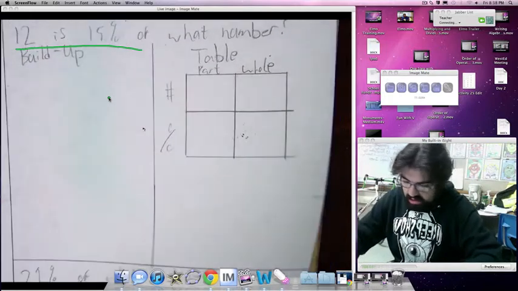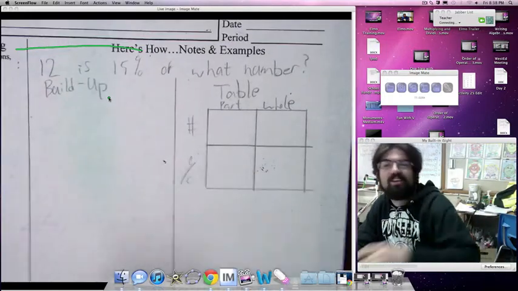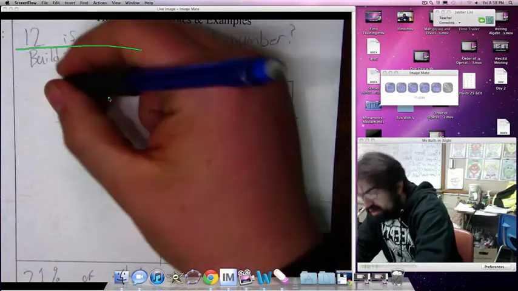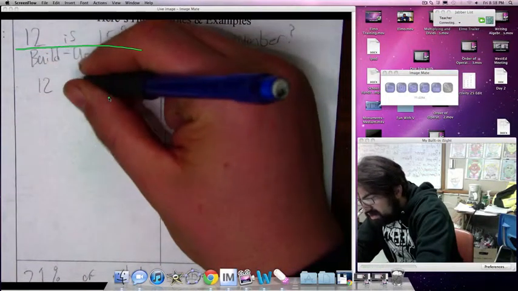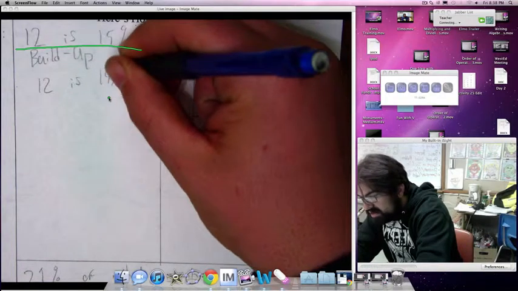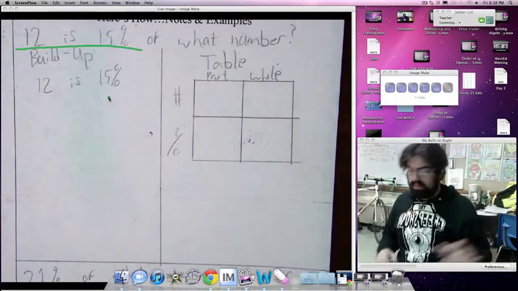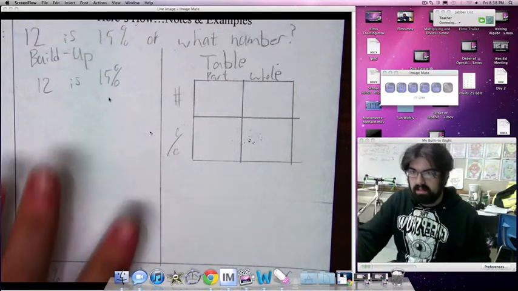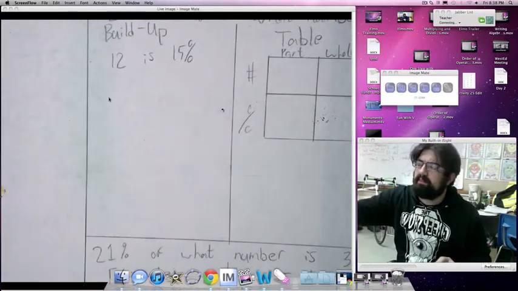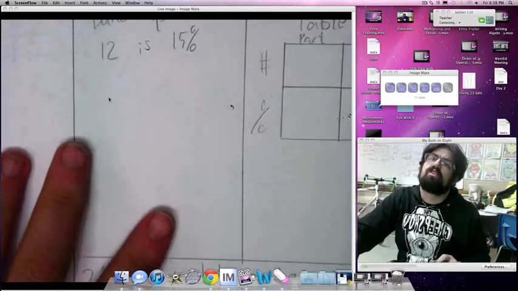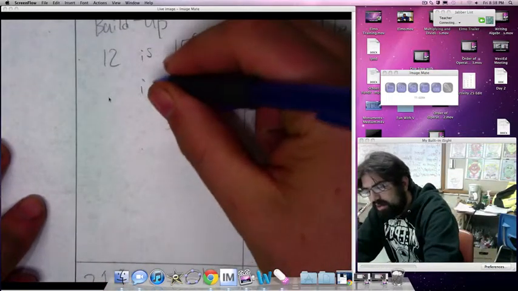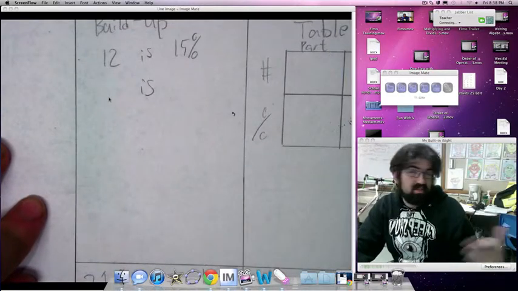So here we go. The question then becomes, where did I put my pencil? And there it is right there. 12 is 15% of what number? So let's first off say 12 is 15%. Period. Let's start there. I'm going to show you this build-up method first. 12 is 15%. So what else do we know? If 12 is 15%, can I times 15 by 3?